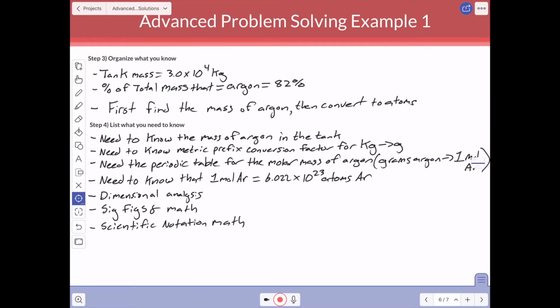Because what are we going to use? We're going to use dimensional analysis to solve this problem. There's one more thing that we need to know how to do, and that is to take a percent. And we've already learned how to do this in our average atomic mass. Take a percent of a mass. All right?